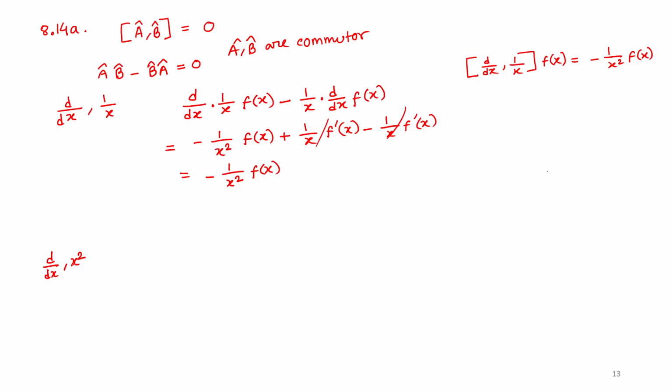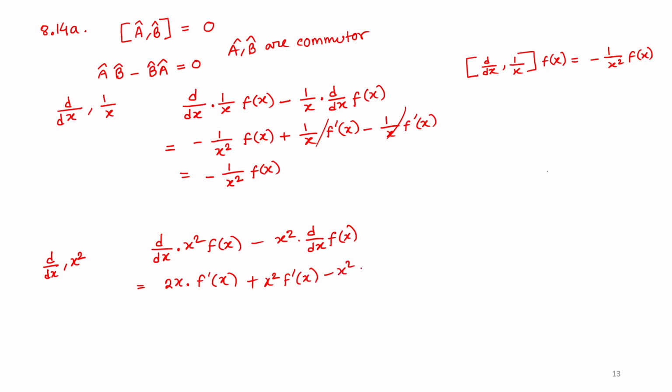What about d by dx and x square? Let us see. So d by dx into x square operating on f of x minus x square into d by dx f of x. Similarly, 2x into f dash x, minus, sorry, plus x square f dash x minus x square f dash x.